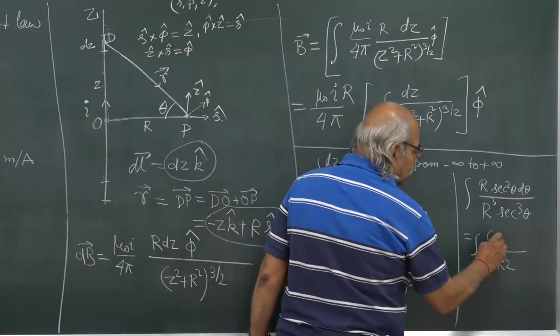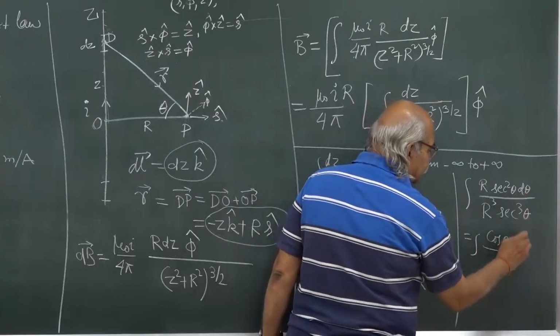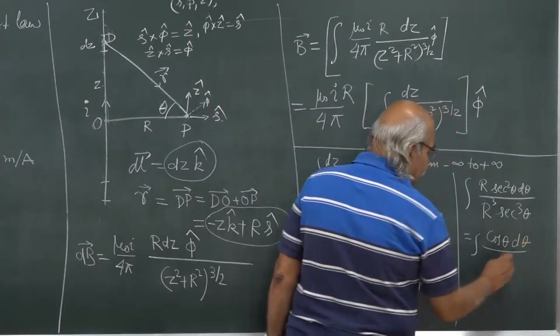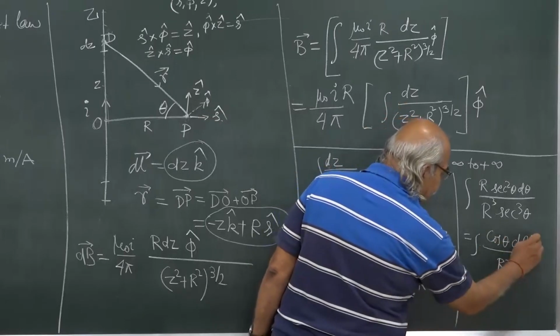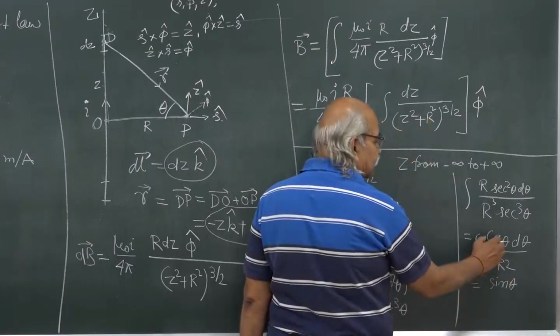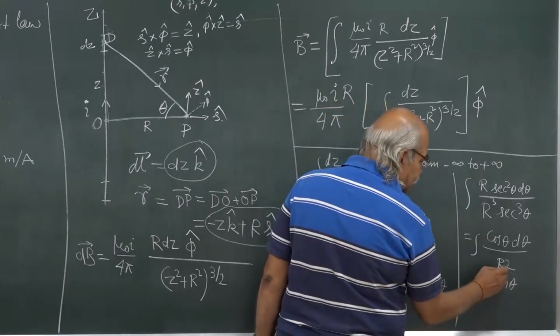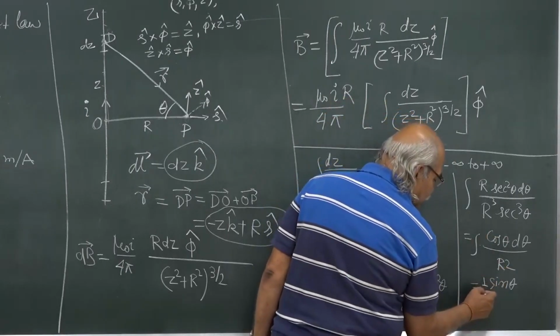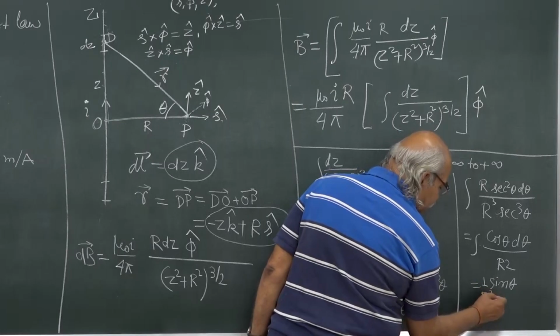So this is cos θ dθ, and the integration of cos θ dθ is sin θ. This r² is constant, so you can take out 1 by capital R².